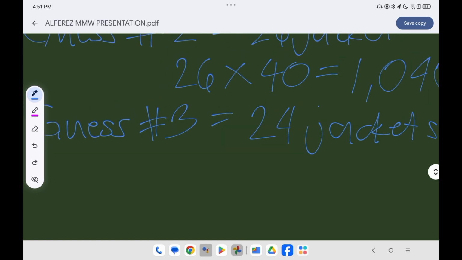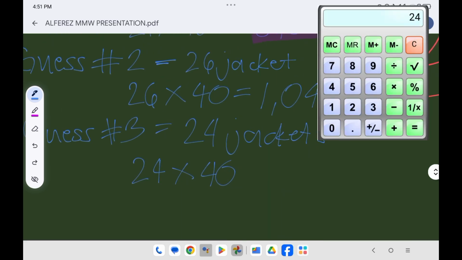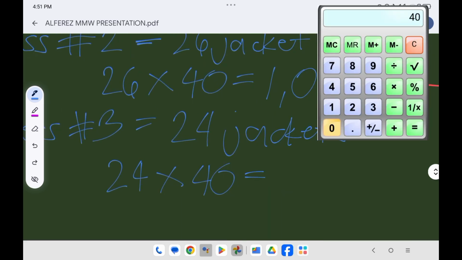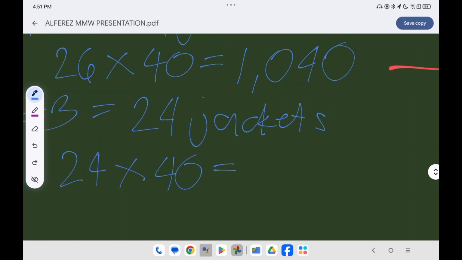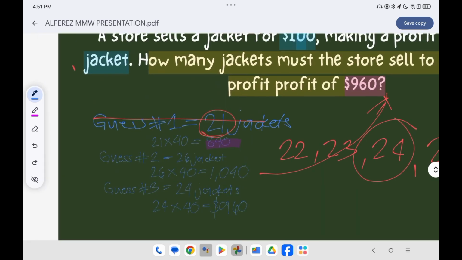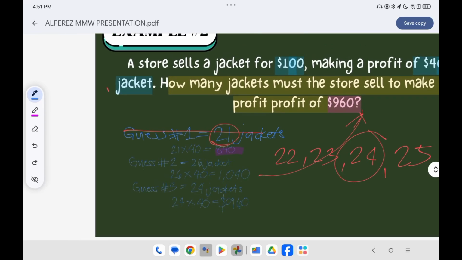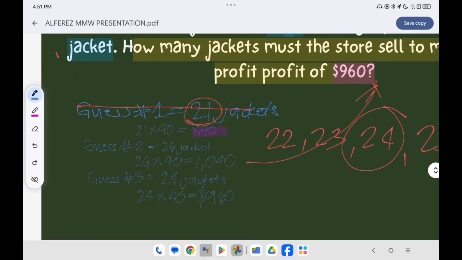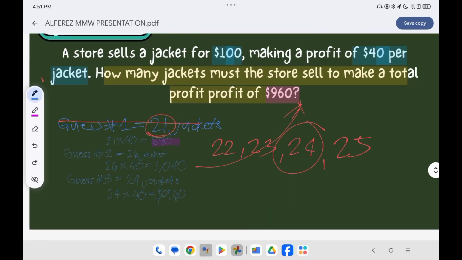Okay. So, 24 jackets multiplied with the 40 profit on one jacket. What do you think is the answer of this? Yep, you got it right. It's $960. And that ends this problem. Our guess number 3 perfectly answers the problem, which is that 24 jackets could make a $960 profit.